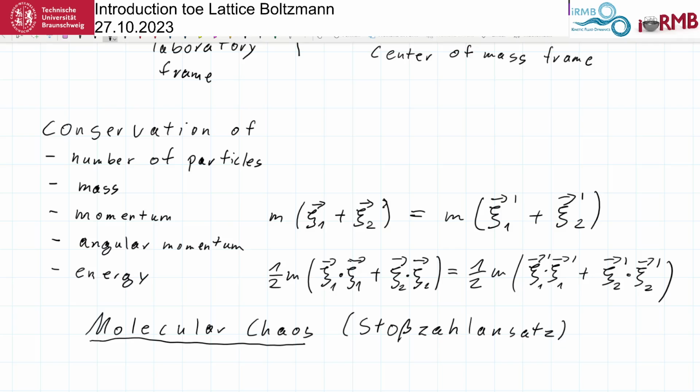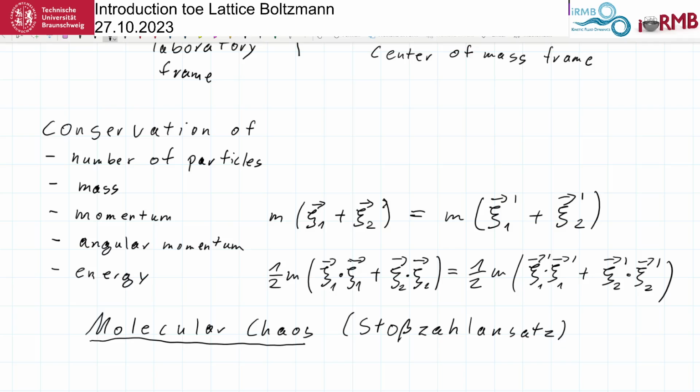The Stoßzahlansatz is basically, more intuitively, actually, the German term is a more accurate description of what is actually happening. So Boltzmann just said the idea behind this is that the dynamics can be reduced just to the number of collisions.